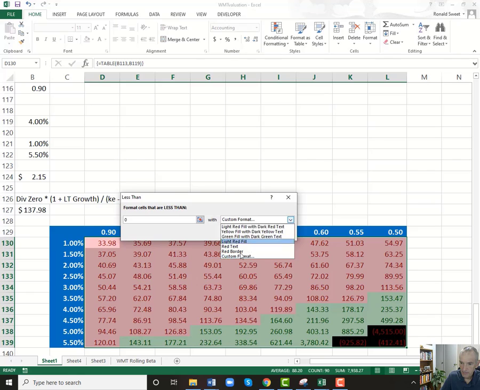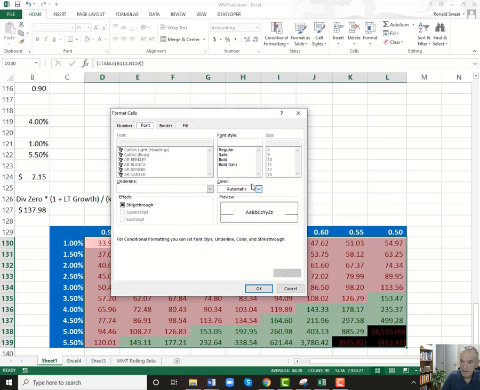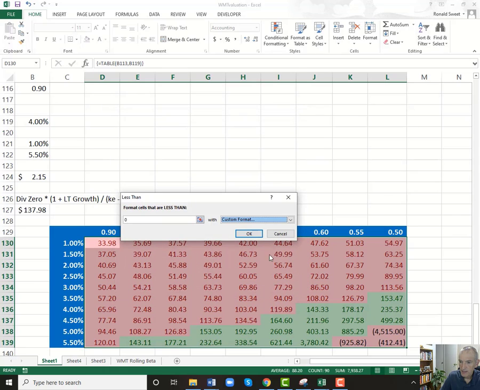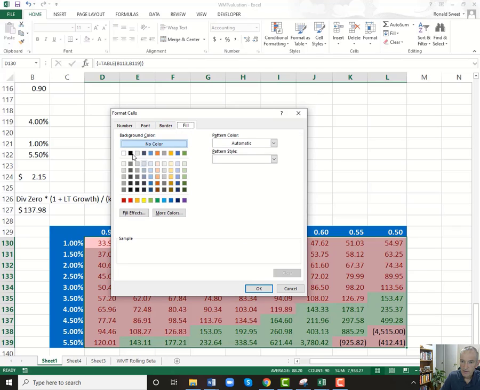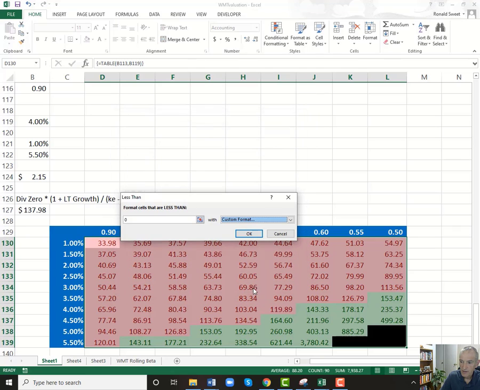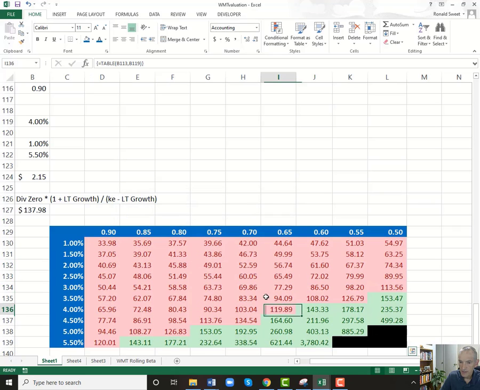You want a fill that is black, and we want the text to be black. So you just want to black those out. So it didn't do it. So our font is black, and our fill is black. We say OK, and that gets rid of those. So those that are negative don't make sense.